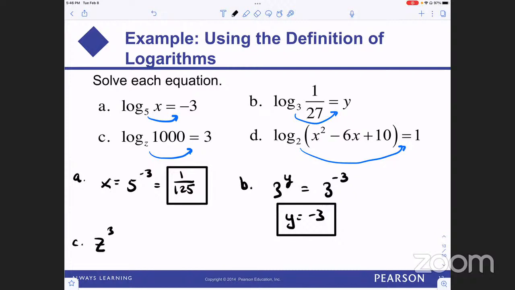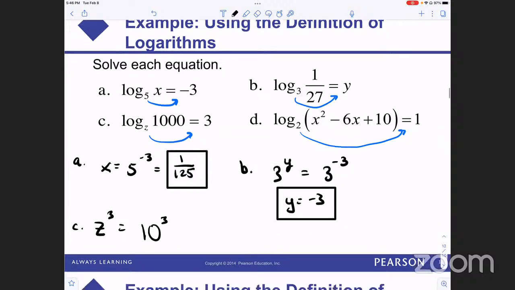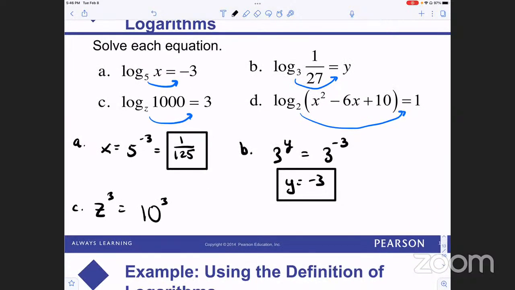Z to the power of 3, and 1,000 we can write as 10 to the power of 3. So then Z equals 10.